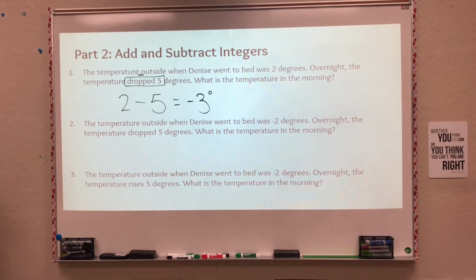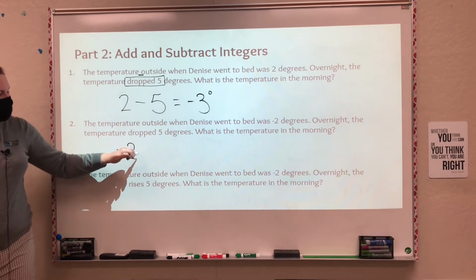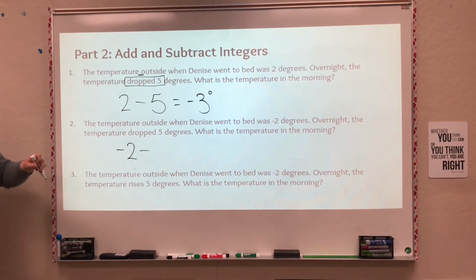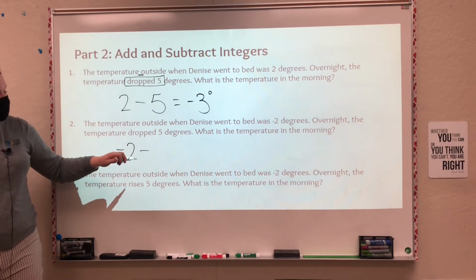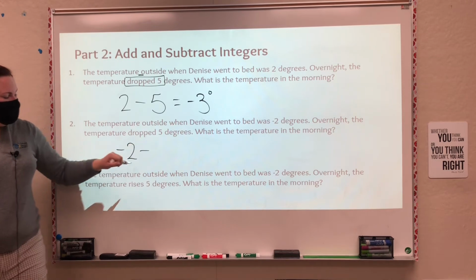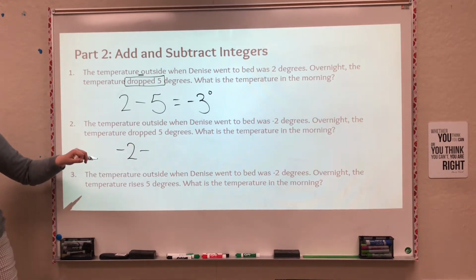So for the second one, we've got the temperature outside when Denise went to bed was -2 degrees. Overnight, the temperature dropped 5 degrees. What is the temperature in the morning? For this one here, give me the equation first. -2 minus, what's that little thing called? Oh, parentheses? Wait, I'm still working on my equation.